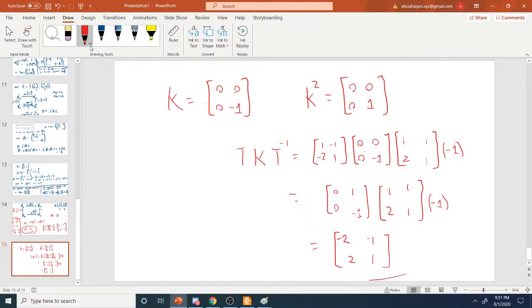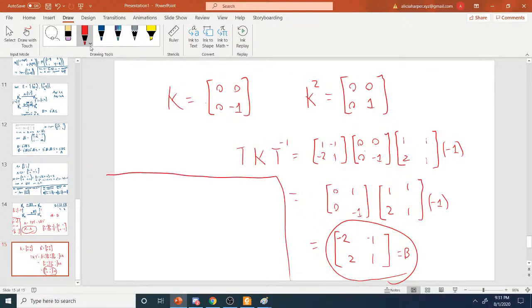So I obtain this matrix B, but we can quickly see that B squared, which is going to be the same as negative 2, 2, negative 1, 1, is actually just going to be equal to, this times this ends up giving me positive 2. This times this ends up giving me 1.